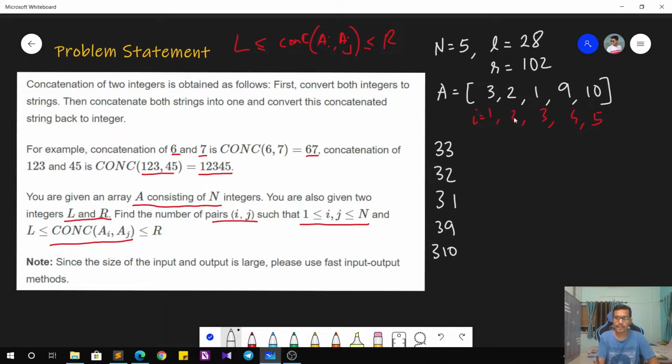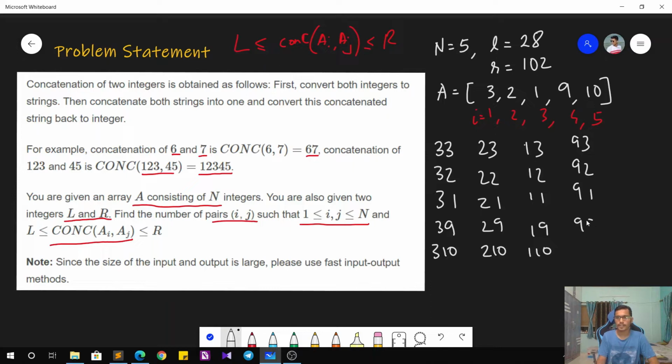Starting with index 2, we have 23, 22, 21, 29 and 210. For the third index, we have 13, 12, 11, 19, 110. For the fourth index, we have 93, 92, 91, 99 and 910. For the last index, we have 103, 102, 101, 109 and 1010.